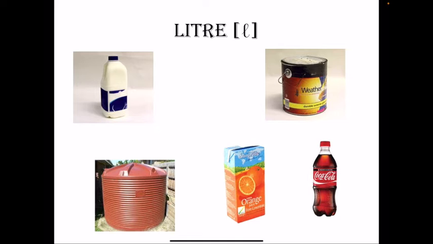Understood, children? The measurement is written on the box. How much capacity of that box is. That box contains 1 liter paint or 2 liter paint. Whatever it is written on the box. Like on a cold drink bottle it is written 1 liter bottle, 2 liters bottle. Understood? So bigger capacities are measured in liters.